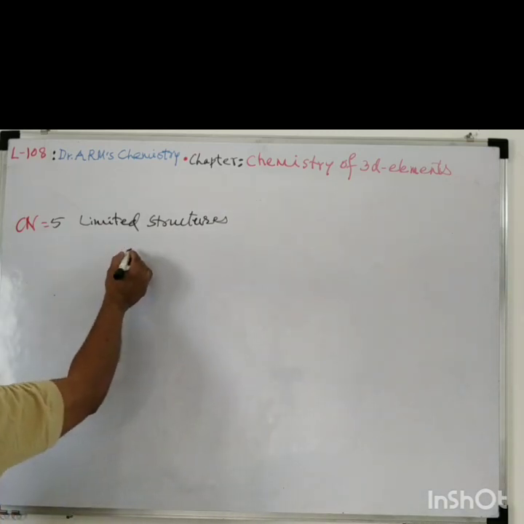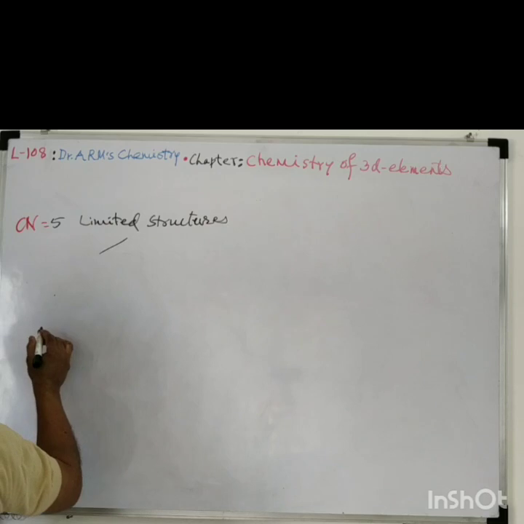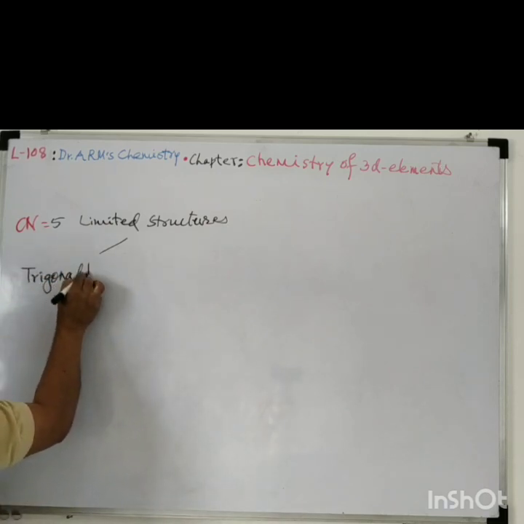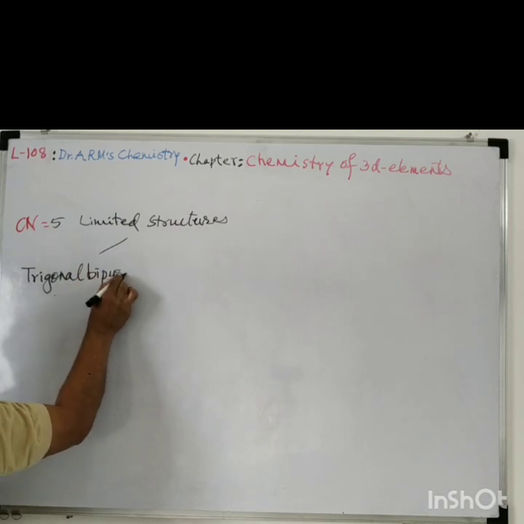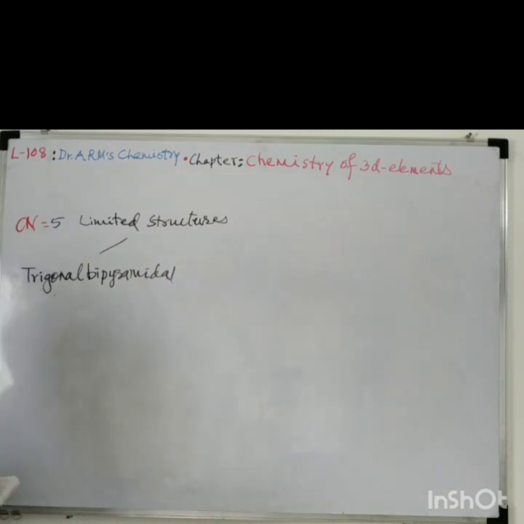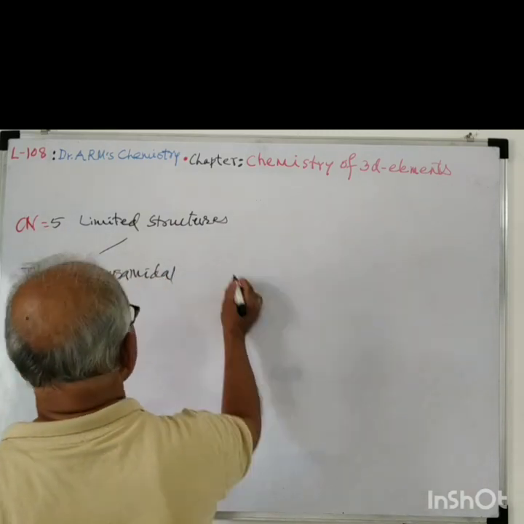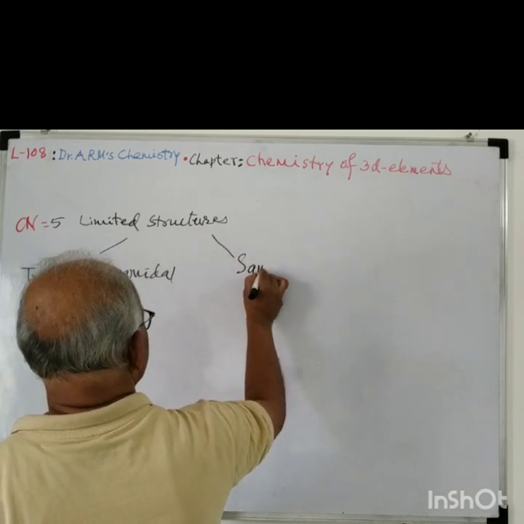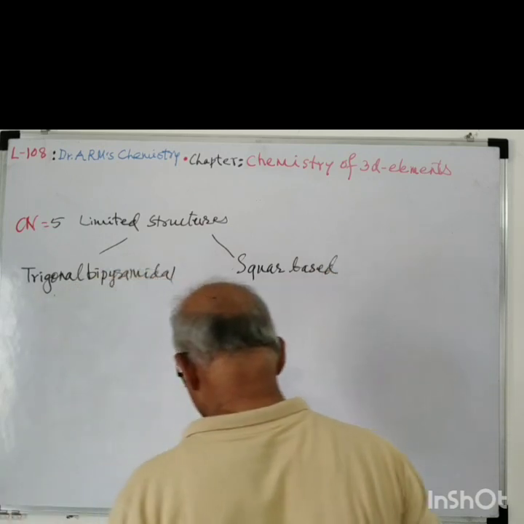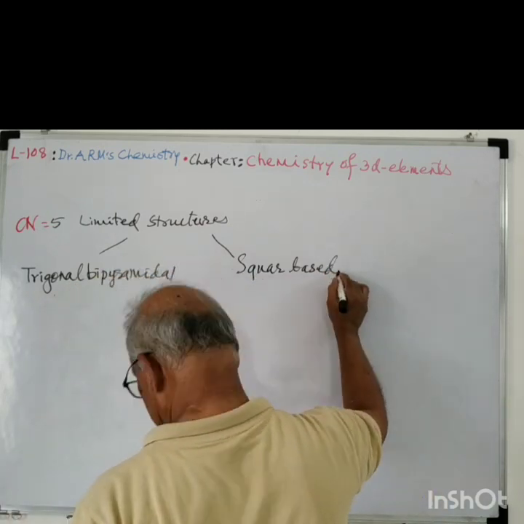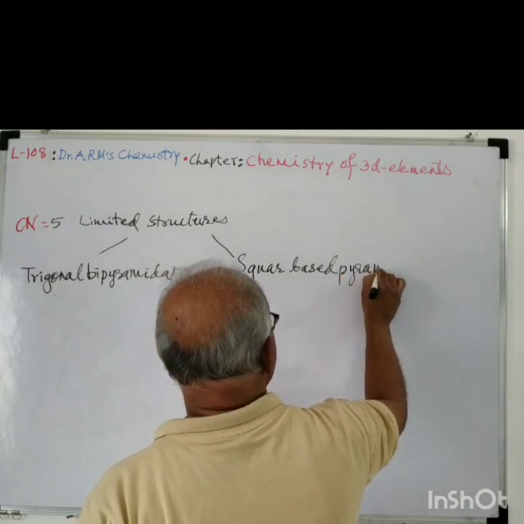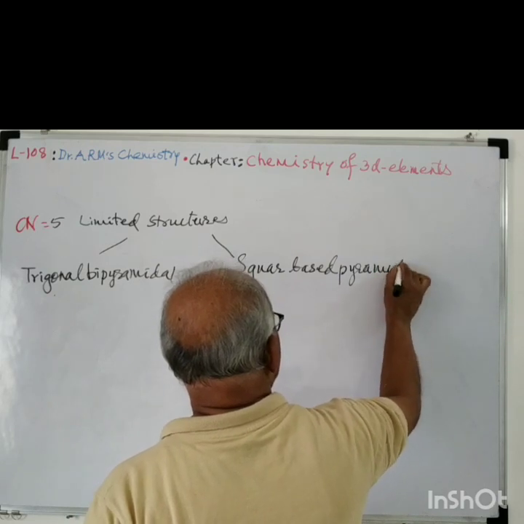One is trigonal bipyramidal, and second is square based pyramid.